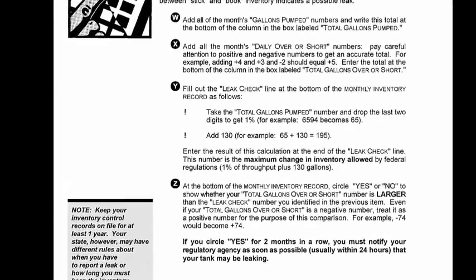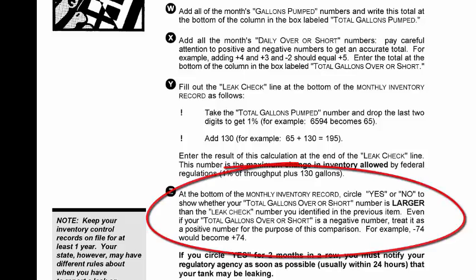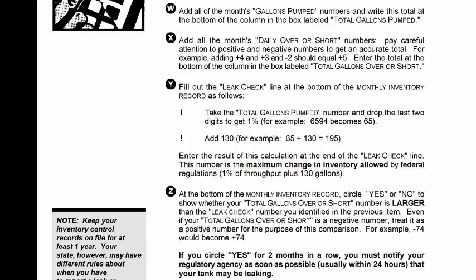The formula for the math test is total gallons pumped times 1% plus 130 gallons equals a leak check. If the total gallons over or short is larger than the leak check for 2 months in a row, then your tank may be leaking, in which case you must report to the TCEQ within 24 hours that you have a leak and/or a suspected release of fuel products from your UST.